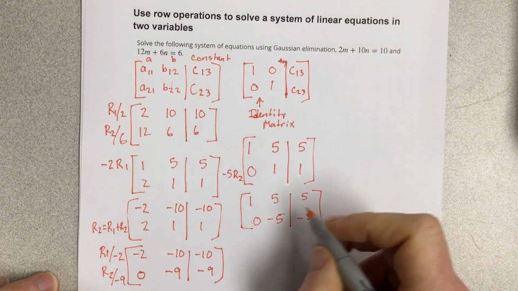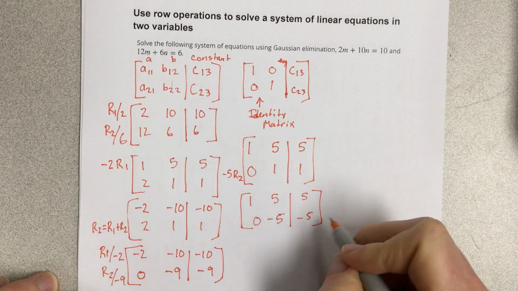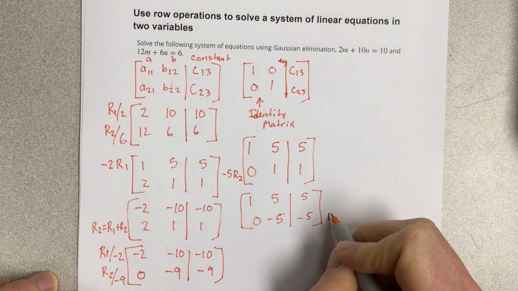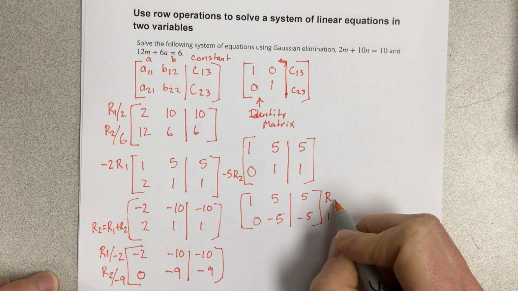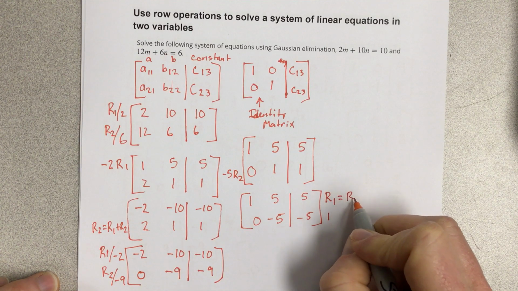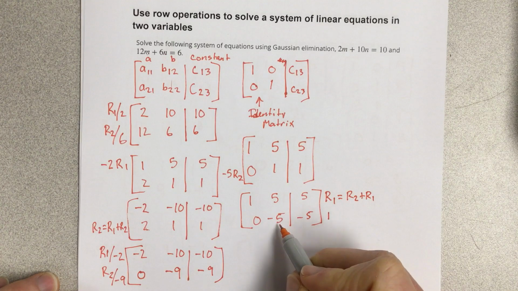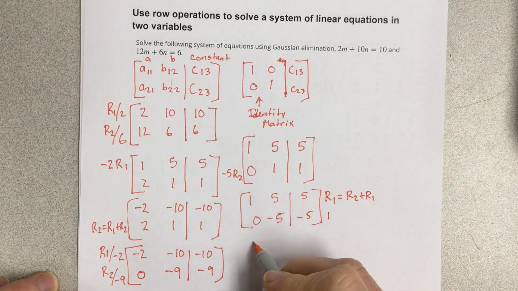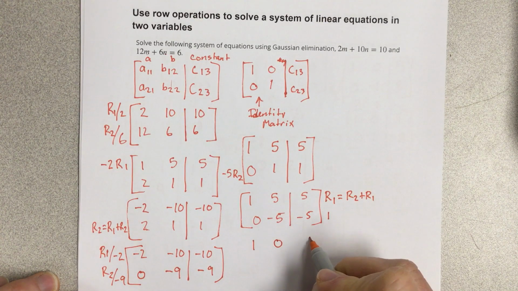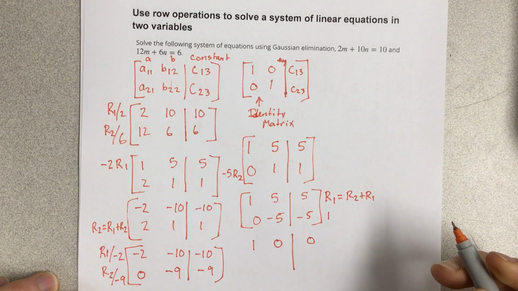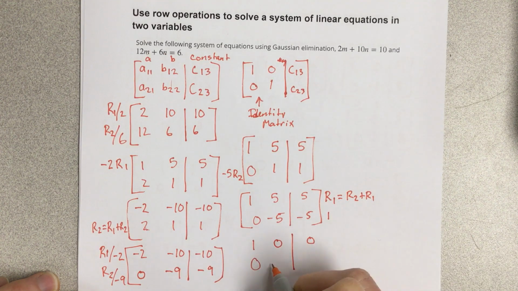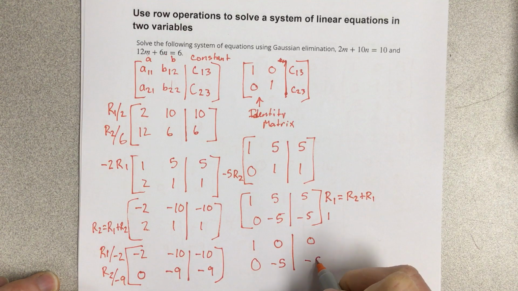So I'm going to say row 1 is going to equal row 2 plus row 1. And when I add this up, I'm going to get 1, 0, 0. And I still have 0, -5, -5.